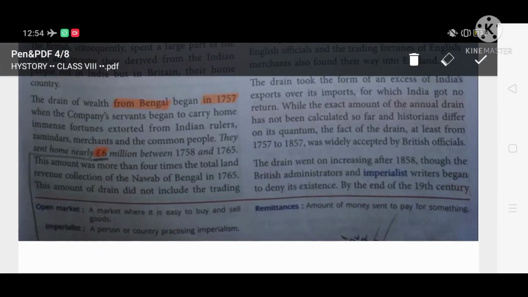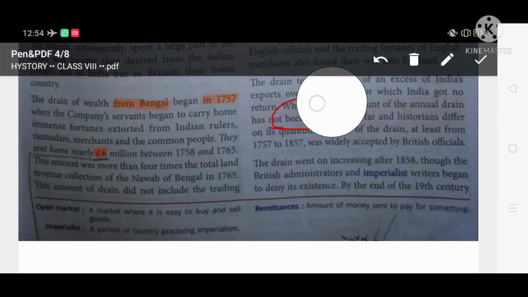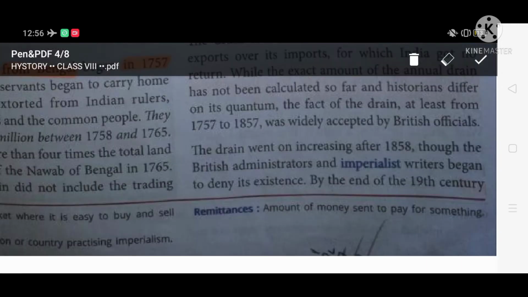While the exact amount of the annual drain has not been calculated so far, historians differ on its quantum. The British officials also expected this. The drain went on increasing after 1858.